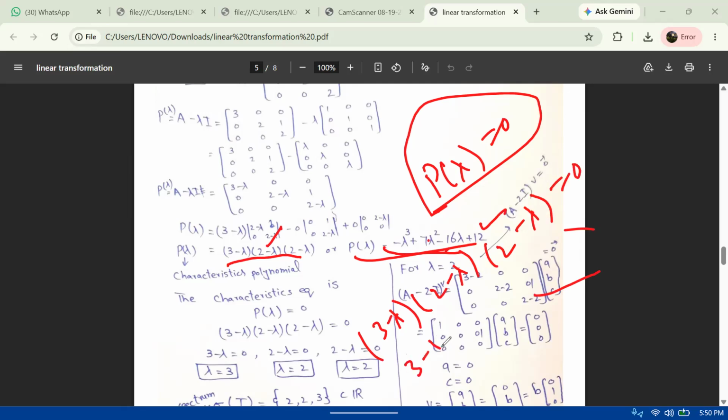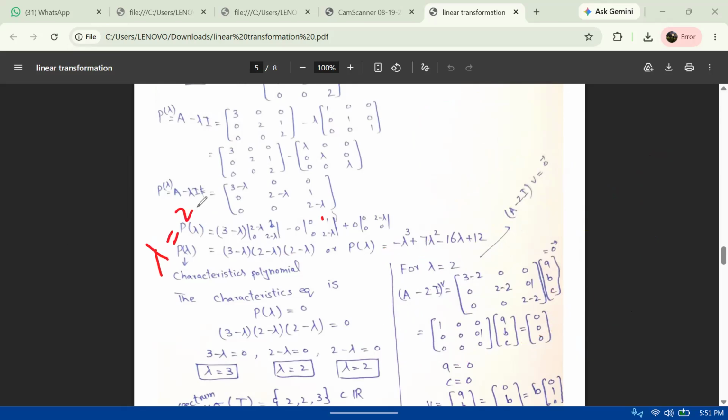So 3 minus lambda equal to 0, and 2 minus lambda equal to 0. Here lambda is equal to 3, and here lambda is equal to 2, and the other 2 minus lambda equal to 0 also gives lambda equal to 2. So you got three lambdas: lambda is equal to 2, lambda is equal to 2, and lambda is equal to 3. These three are the eigenvalues.